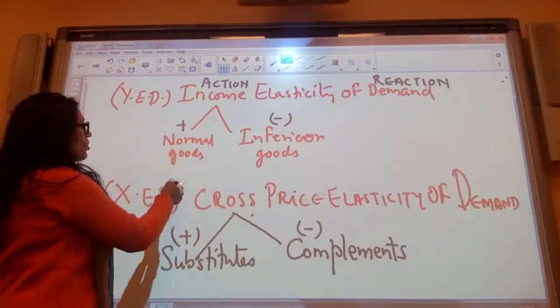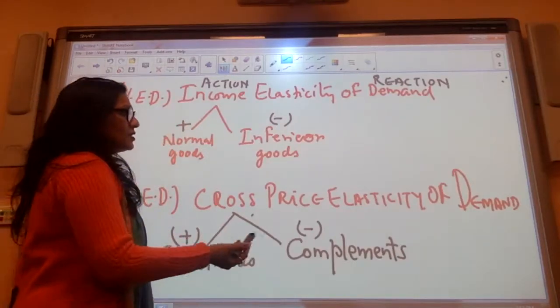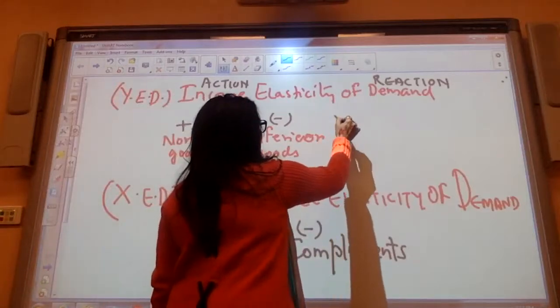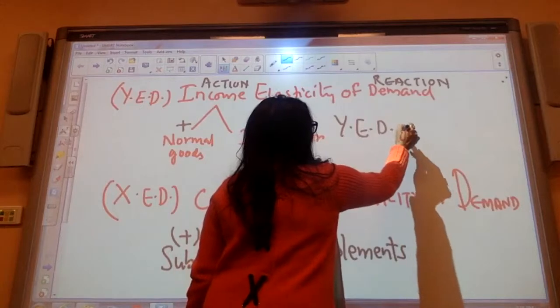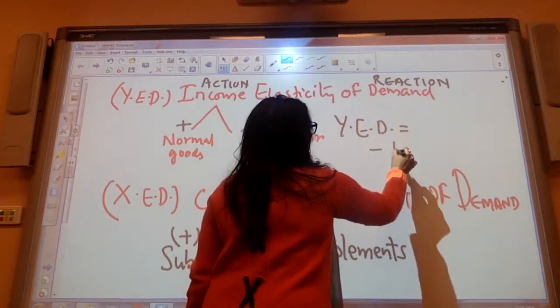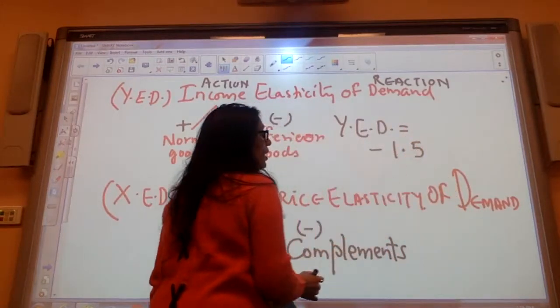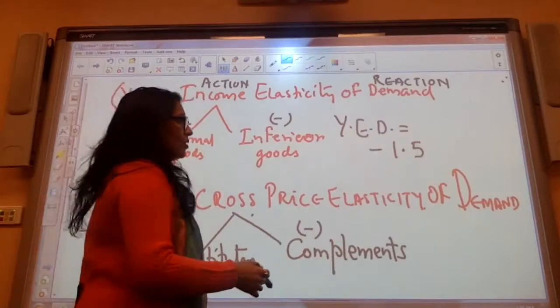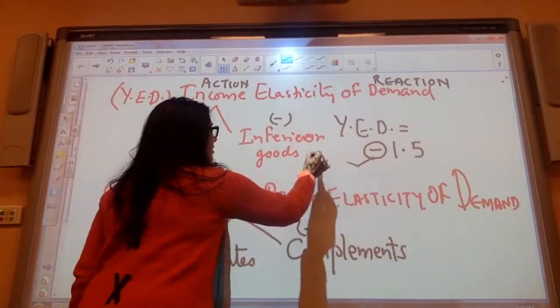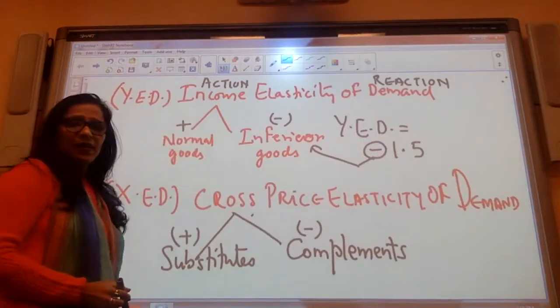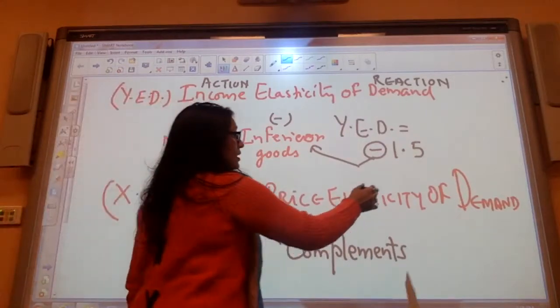So let's talk interpretations. Let's say the YED, that is income elasticity of demand, is given to you as minus 1.5. How do I interpret it? The minus sign tells me what type of good it is: an inferior good. And what is this number telling me?